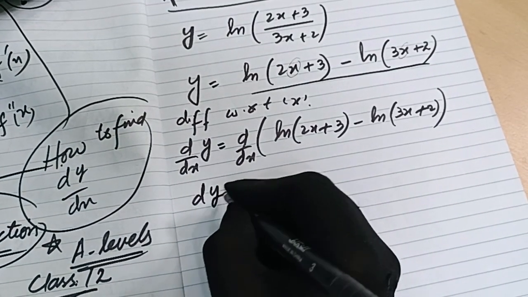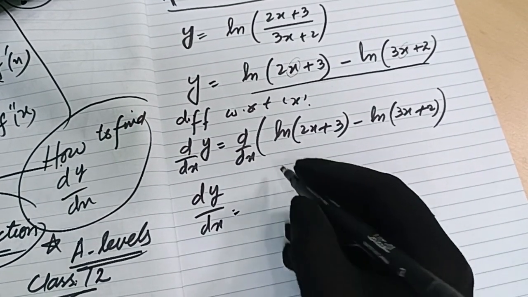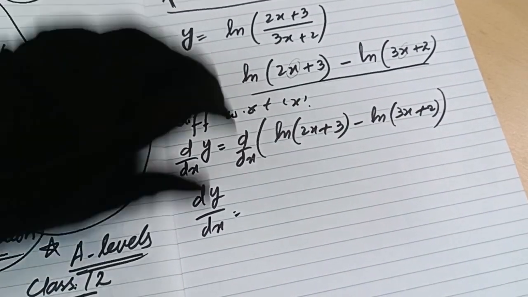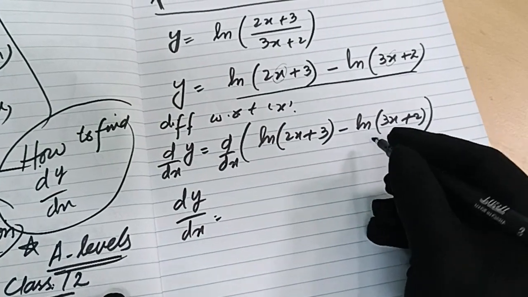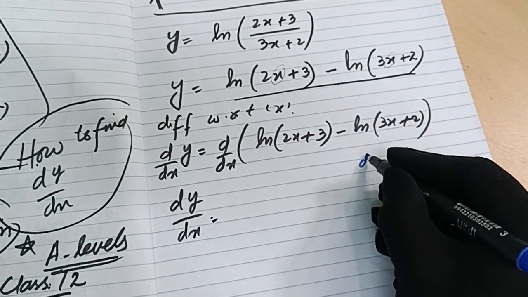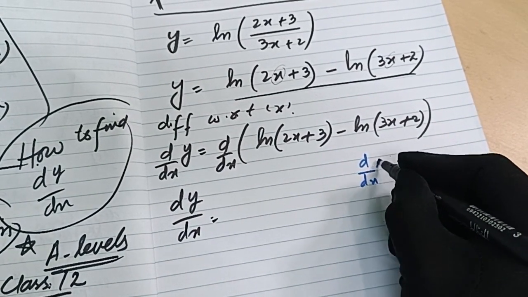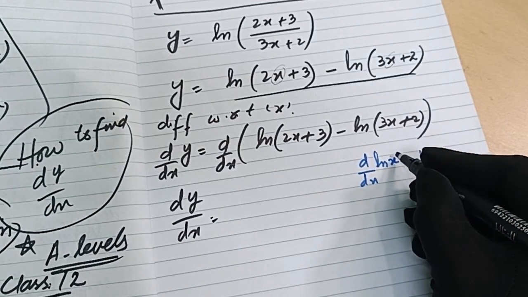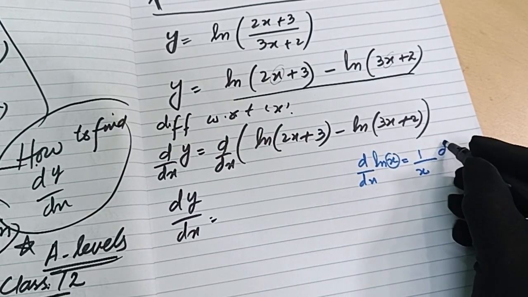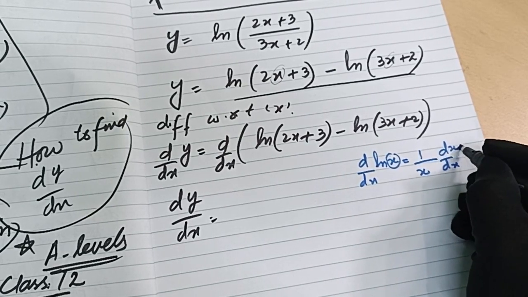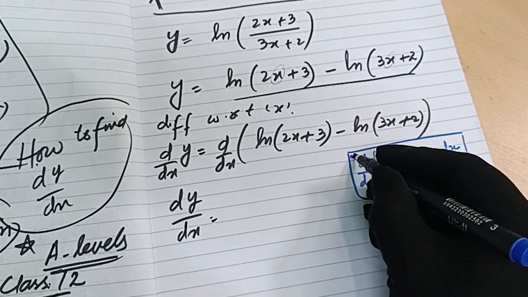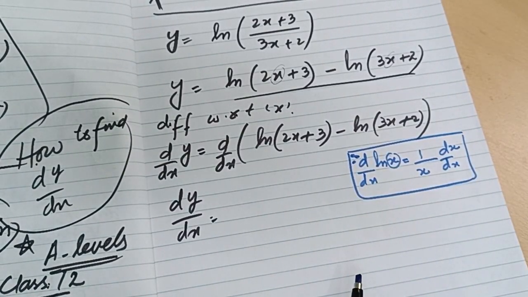In the next step, I write this as dy by dx. As I have explained before, the derivative of natural log of a function is equal to 1 over that function, times the derivative of that function again. You must keep this in mind.